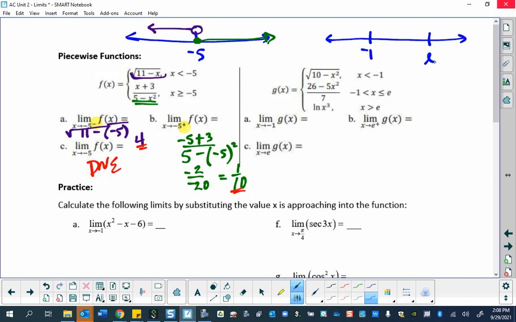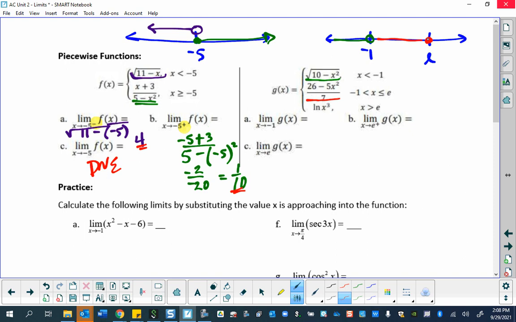And each of these stories exists in a different part of this input. So square root of 10 minus x squared is what I'm talking about here, not including negative 1. 26 minus 5x squared over 7 is what I'm talking about between here up to and including e.